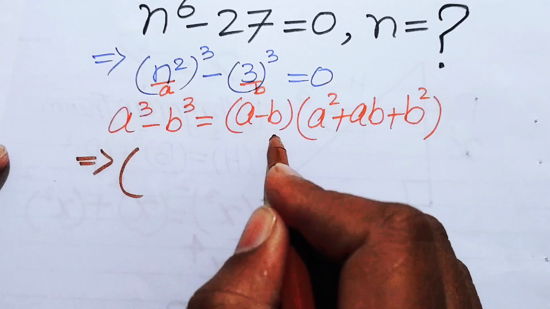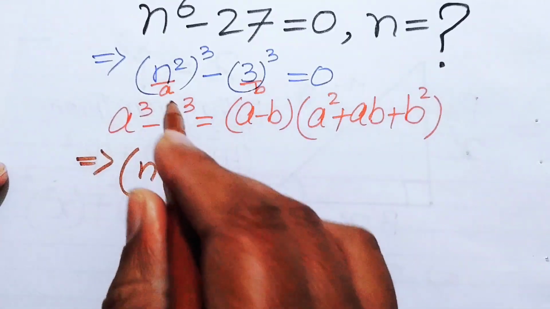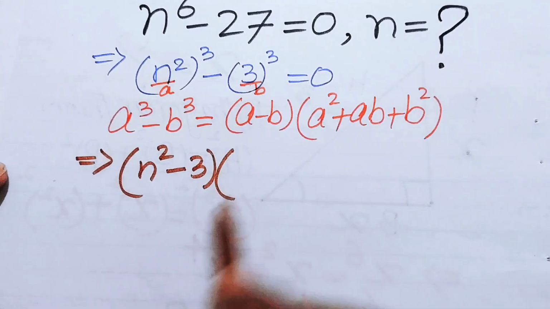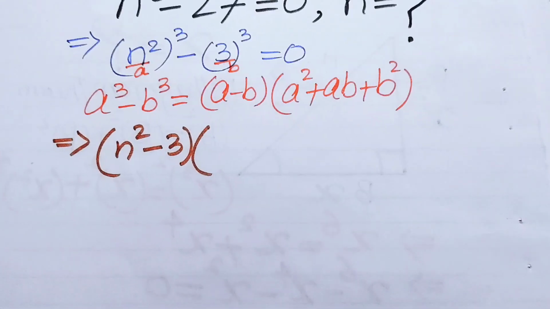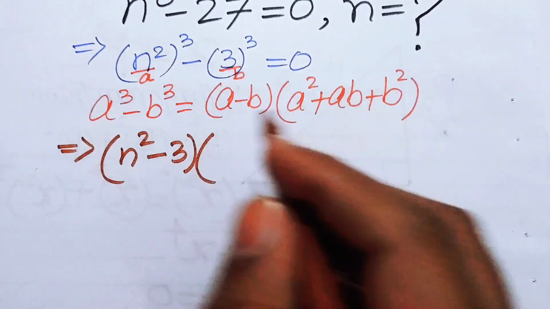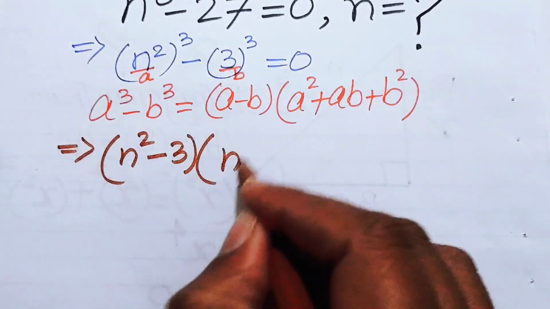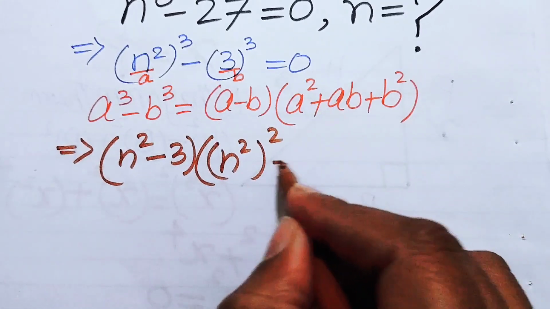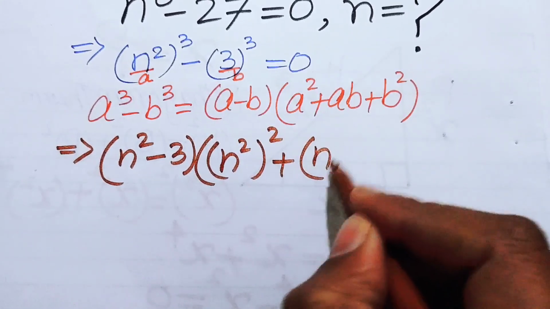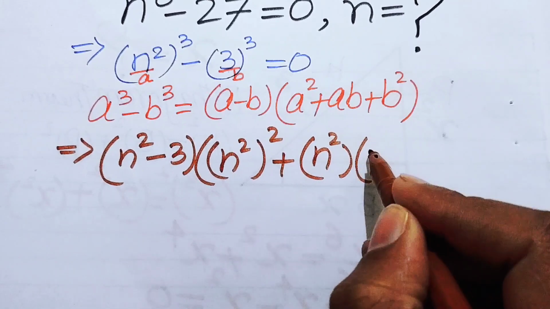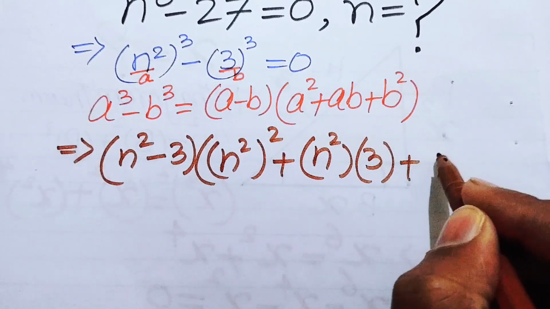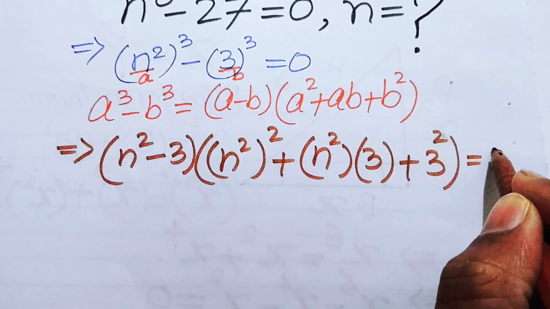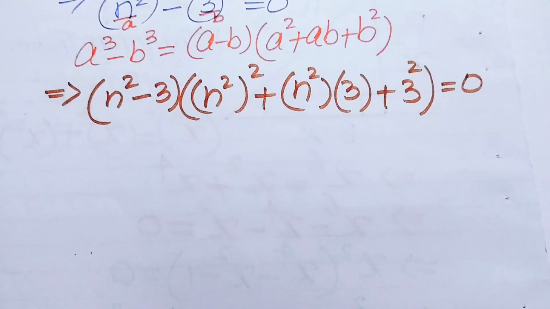So first we have a minus b, and our a is n square minus b is 3, times a square plus ab plus b square. So our a is n square and its whole square plus a times b, and our a is n square and b is 3, and b square is 3 square, and this whole equals 0.